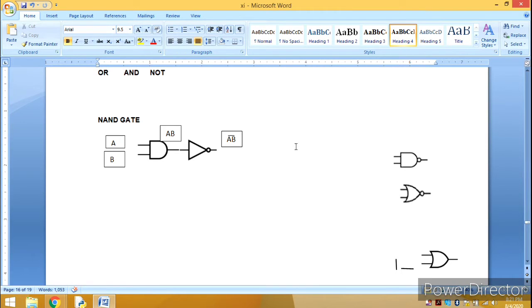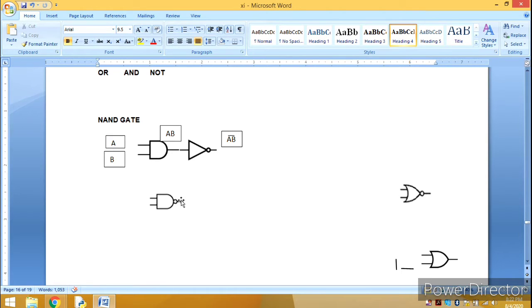Now this NAND gate is substituted with this particular symbol. So this is equivalent to this NAND gate. That means when it is asked to draw the NAND gate, we won't represent it with this sort of symbol; we will use this symbol, as this symbol represents the NAND gate.